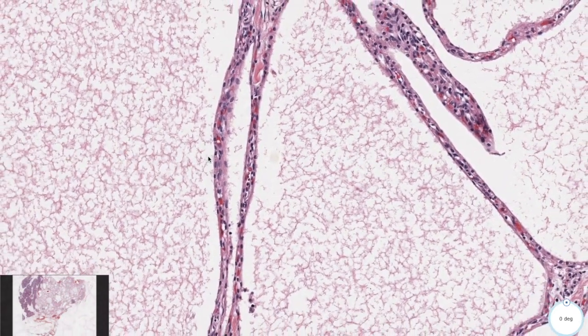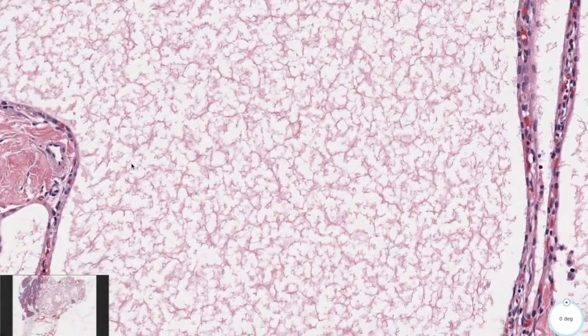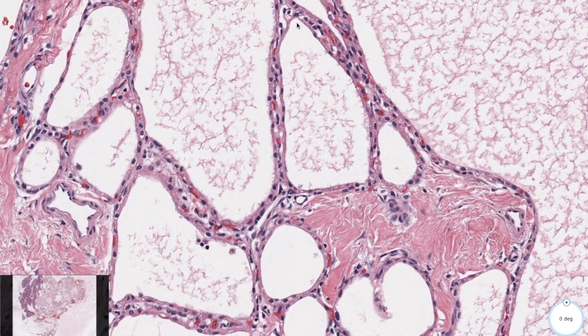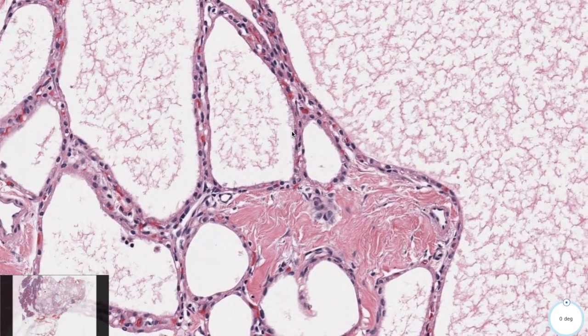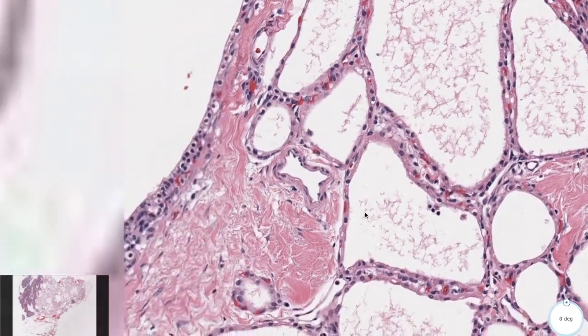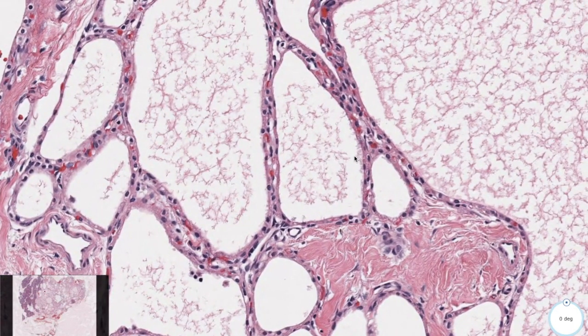Here, what we're seeing is these cysts lined by very small epithelial lining. And I'm not sure if I'm hallucinating or not, but these look like cilia. Like right here, these look like tiny little cilia. I don't know. Maybe I'm just seeing things, or that's the secretions piling up on them.